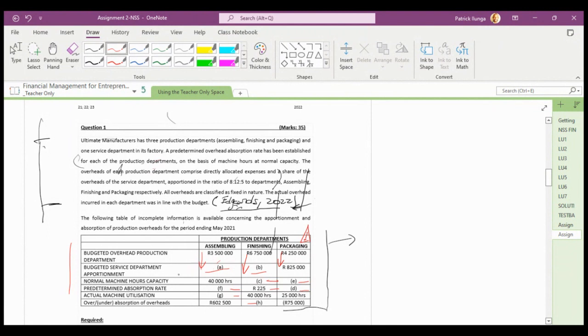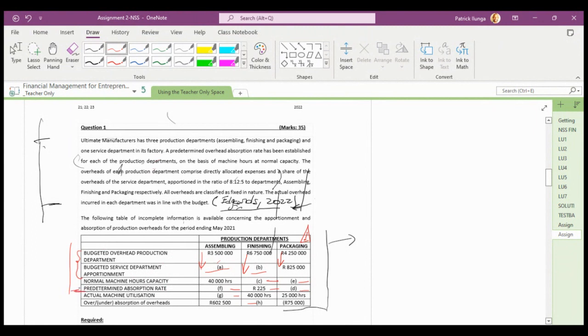You just understand that you have a budgeted overhead for the production and the budgeted service for service department apportionment. So you know that these two will form the total budgeted overhead. So your normal machine hours and your predetermined absorption rates will come from this. So just understand the theory.